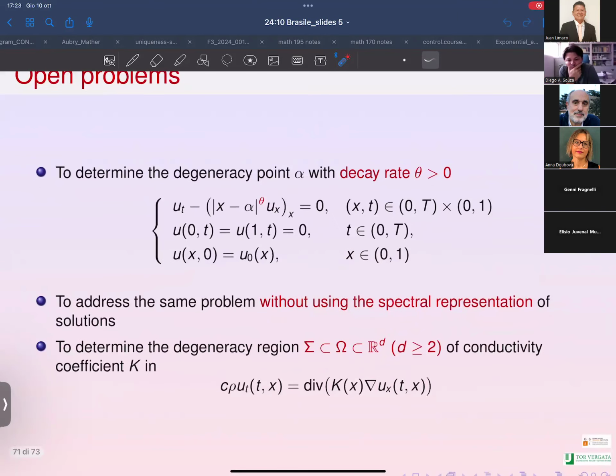And therefore, essentially, this is the generalization that would be interesting to obtain, even in R2, in a two-dimensional domain.